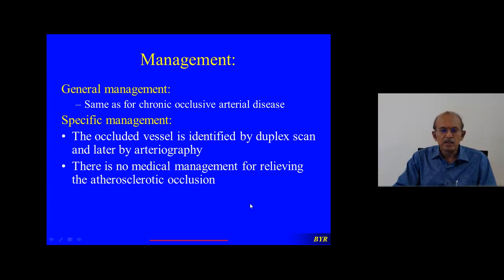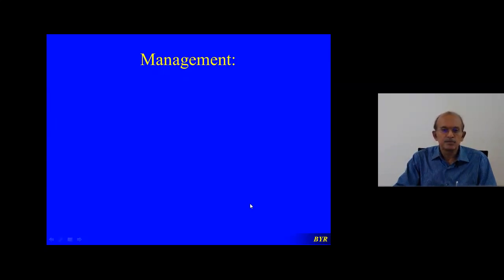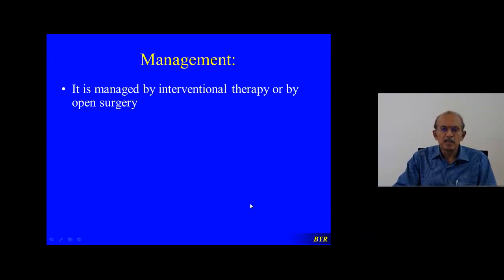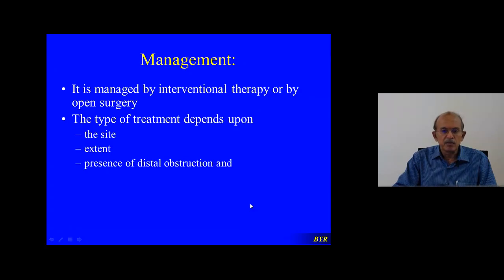There is no medical management for relieving atherosclerotic occlusion. It is managed by interventional therapy or by open surgery. The type of treatment depends upon the site, the extent, presence of distal obstruction, and general condition of the patient.